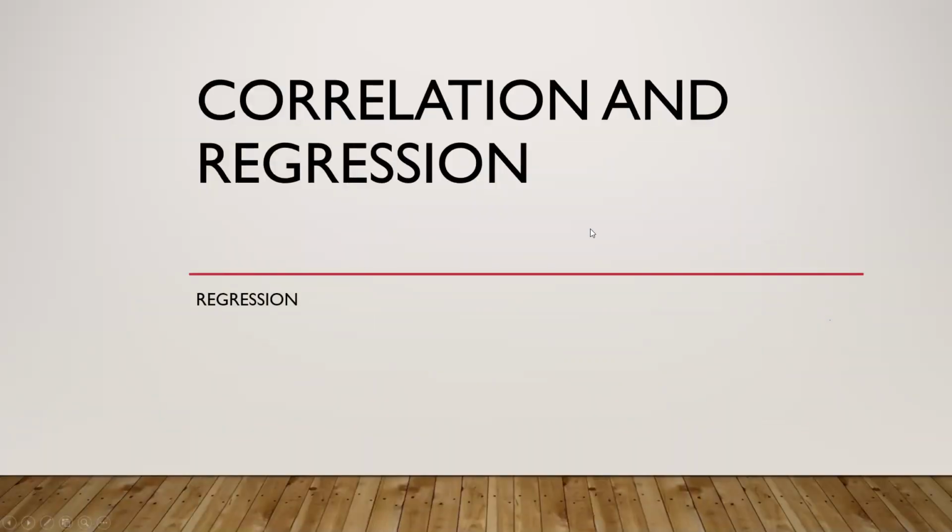Okay, with the time we have left, about half an hour, I just want to get started on this regression stuff. What we want to do with regression is model the relationship.